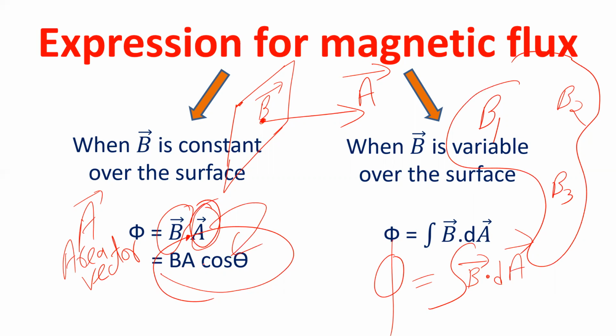Getting the point? Now, as we know phi is B A cos theta, we can arrive easily at the dimensions of flux from this formula.